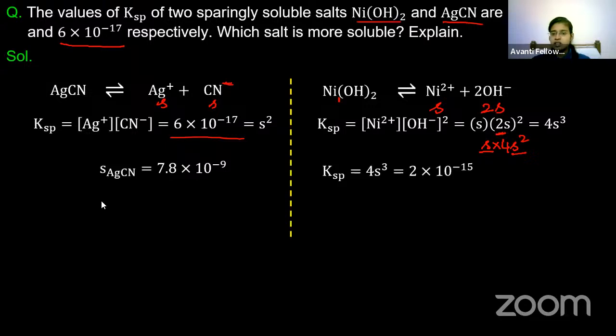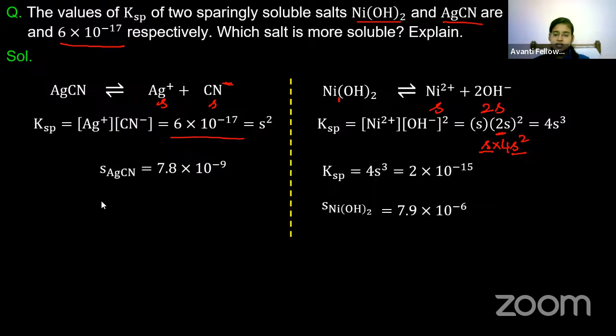All right. Clear for all of you? So if you bring this 4 to the other side and take the cube root for this number, you can get the solubility value as 7.9 into 10 to the power minus 6.